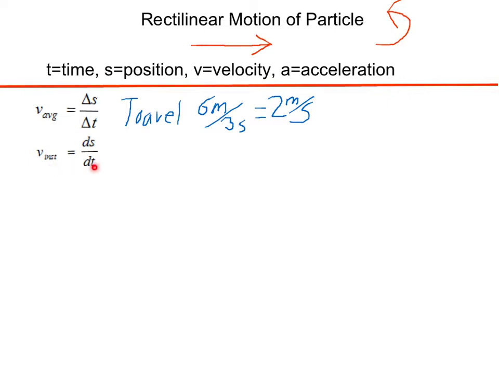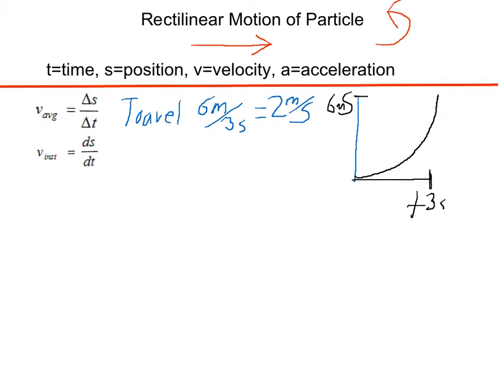And next, v instantaneous, which is the instantaneous change in position with respect to time. For an example of this, we have a graph of position versus time. It looks like that. Let's say this time is 3 seconds and this position is 6 meters.